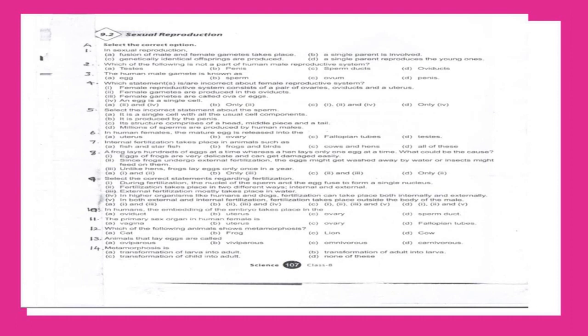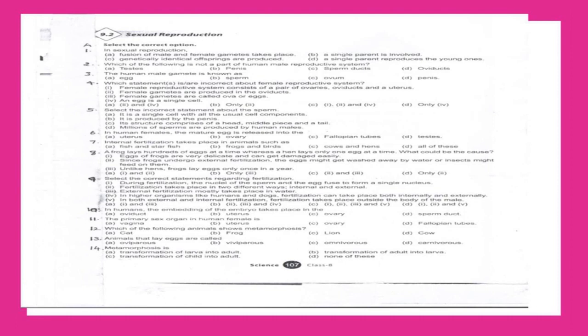That is wrong, because female gametes are produced in the ovary. Then female gametes are called ova or egg. Correct. An egg is a single cell. That is also correct. So the incorrect statement is that female gametes are produced in the oviduct. The correct answer is produced in the ovary.